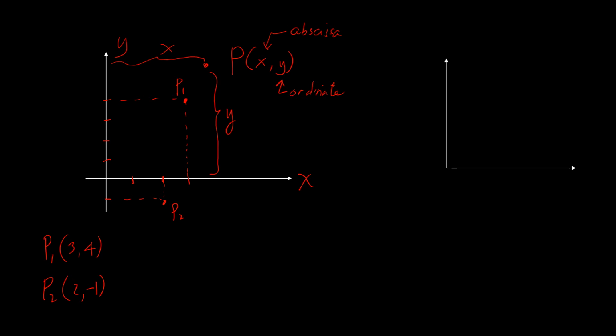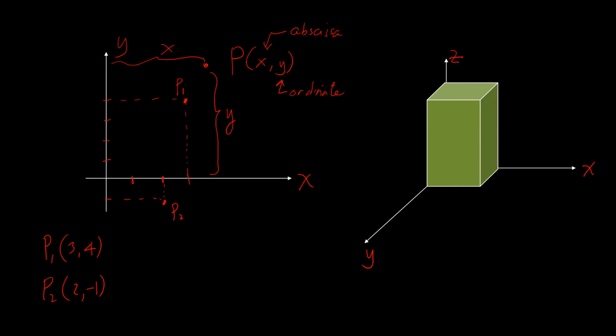We can extend the location of a point to three-dimensional space, wherein we have the coordinate axes x, y, and z. For this point P, the x-coordinate will be 1, 2, and 3.